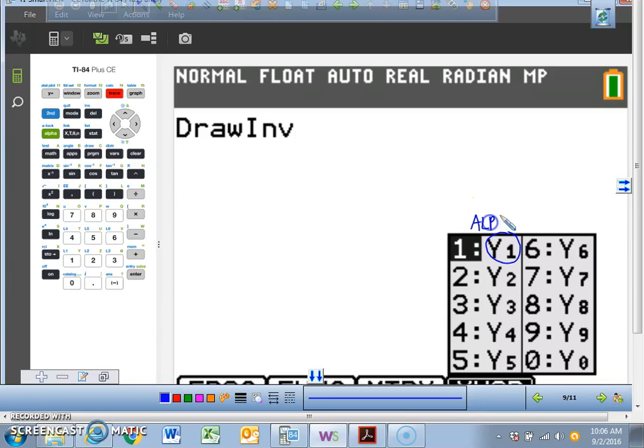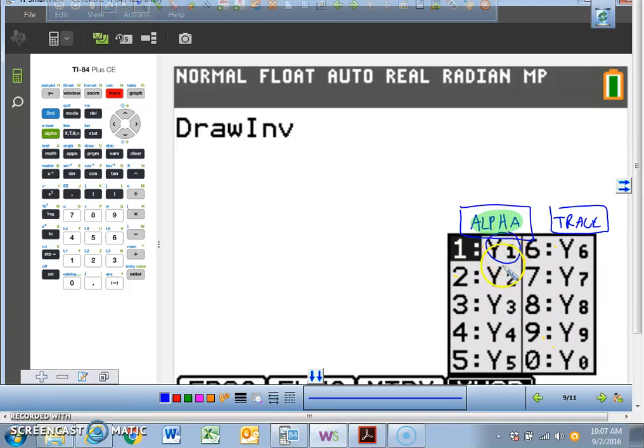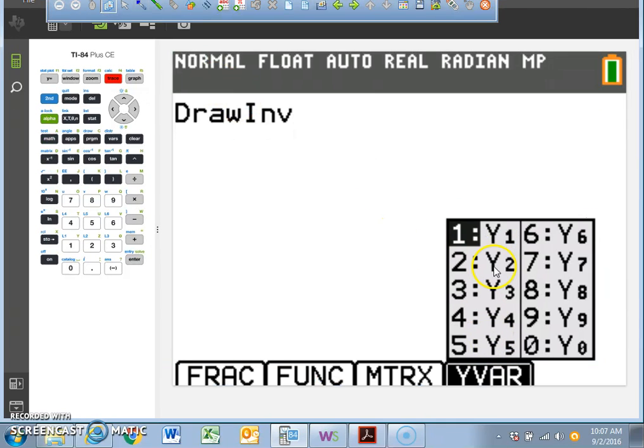You had to hit the alpha button, which is green. So I'm going to highlight it in green. All right? And then you hit the trace button. And what does that bring you to? That brings you to the screen where all the y1, y2, y3. Okay? So which one are we going to select? Y1. Okay? So right now I'm going to hit enter.